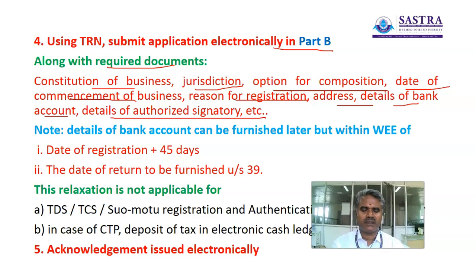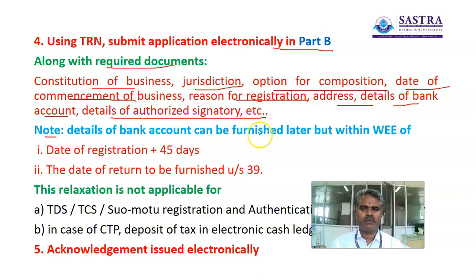When you supply goods and services, you are eligible to collect the GST and settle with the government after adjusting all the input tax credit. This is the benefit you have once you get the registration of your business. Okay, very simple.